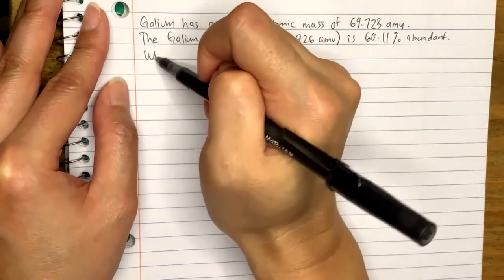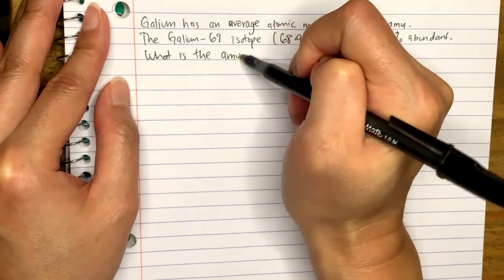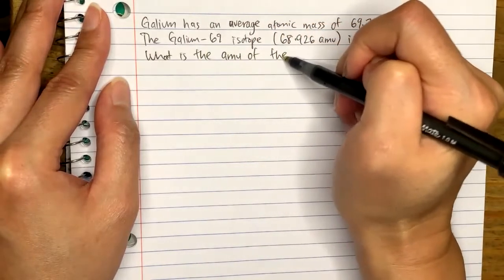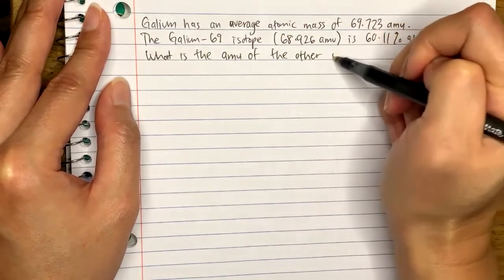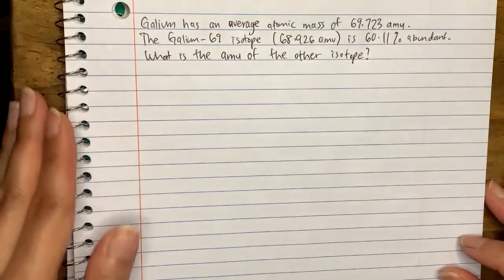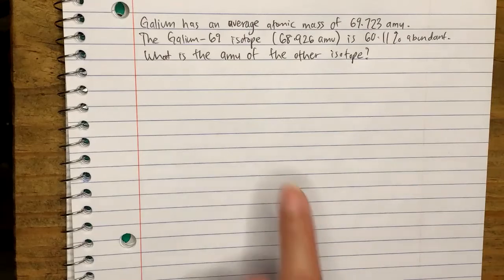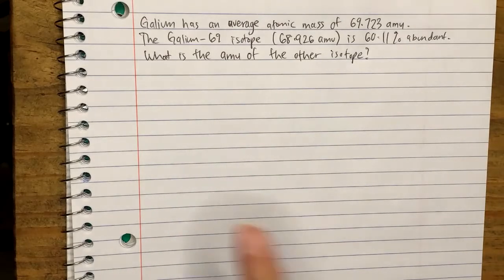Okay, what is the AMU of the other isotope? So it's not spelling out everything for you. They're asking you, what's the AMU of the other isotope?